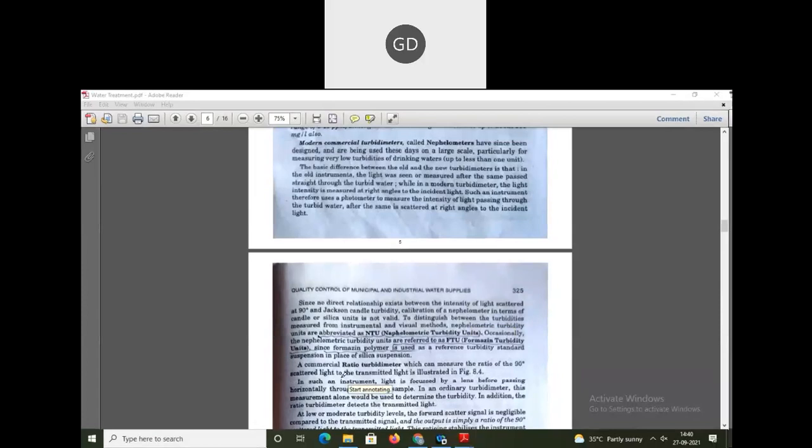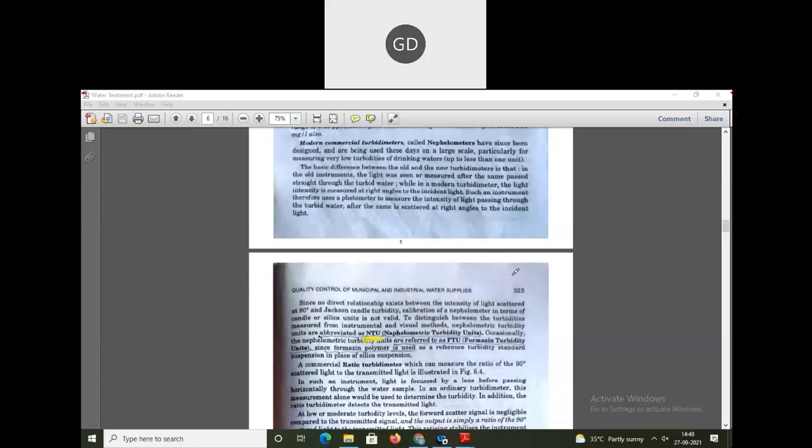The nephelometer unit is abbreviated as NTU, the nephelometric turbidity unit. Here the silica unit is not valid.